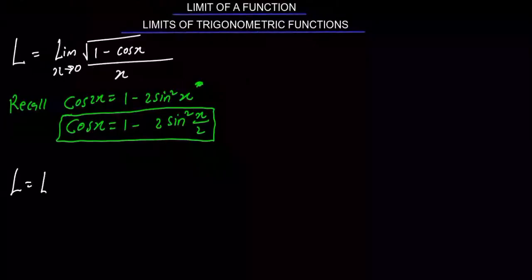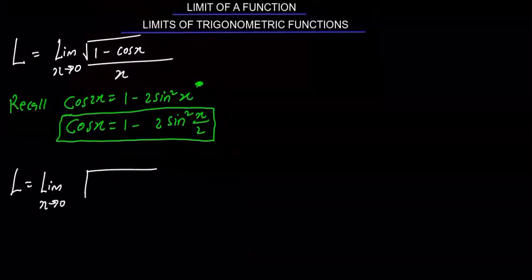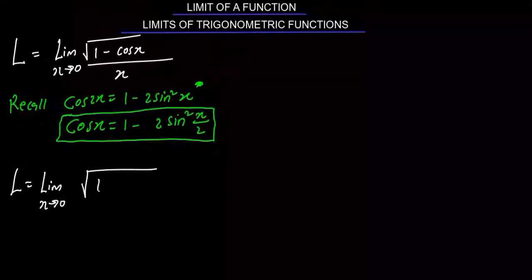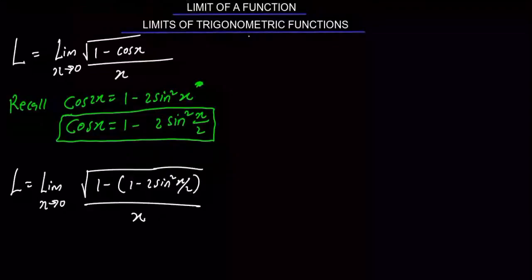So that will equal to what? Limit x tends to 0, then square root of what? 1 minus, what is your cos x? 1 minus 2 sine squared x over 2, then all over x. And I have the limit. That equals the limit as x tends to 0.